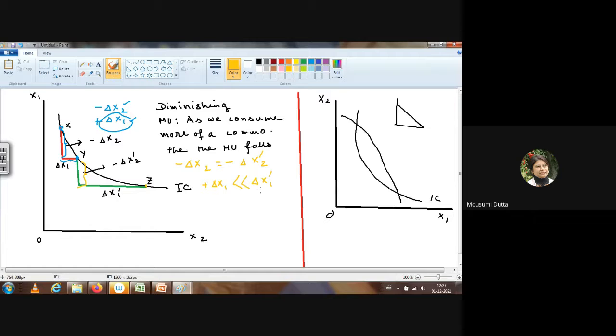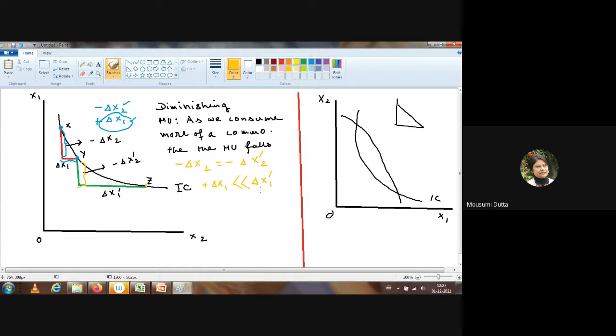So what is happening here? When the consumer continuously reduces consumption of one commodity, she needs the other commodity more and more to compensate the loss. To compensate the same loss, she needs more of the commodity.